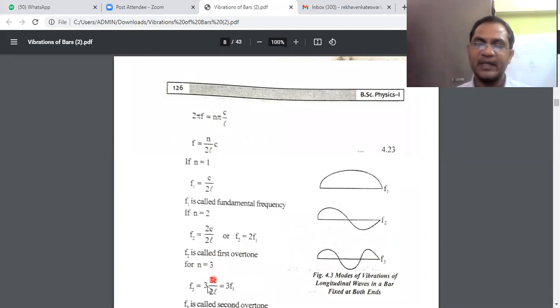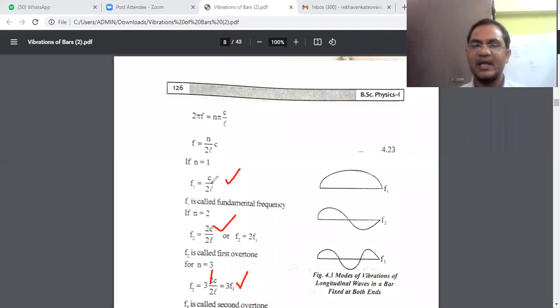When n equal to 3, we get f3 equal to 3c by 2l, that equals 3f1. So you correct this one. This is called third harmonic or second overtone.